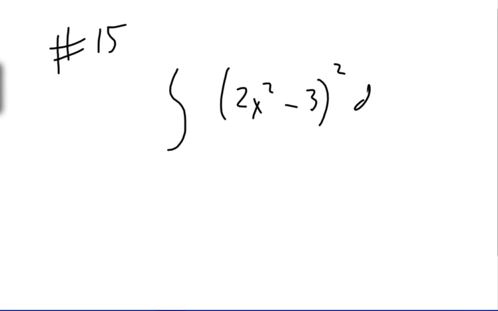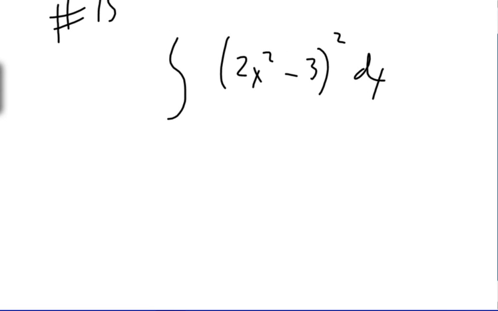Number 15. Going fast enough, or need to speed up some here? Integral of 2x squared minus 3 squared dx. Okay, two ways to do this problem. Well, you want to see them both?